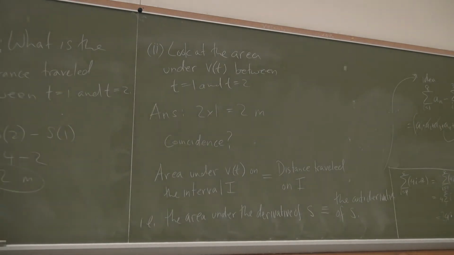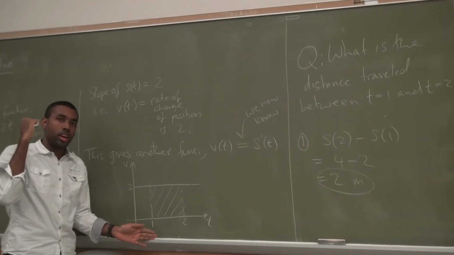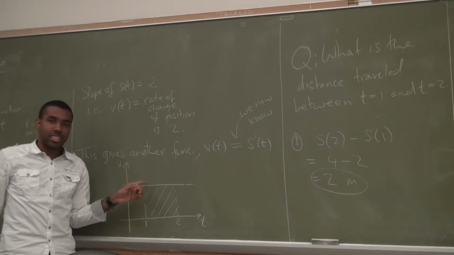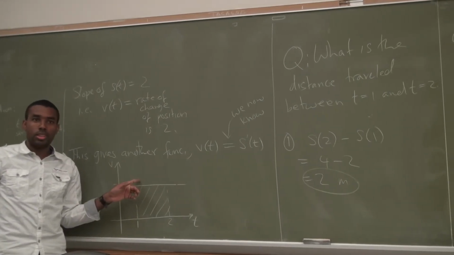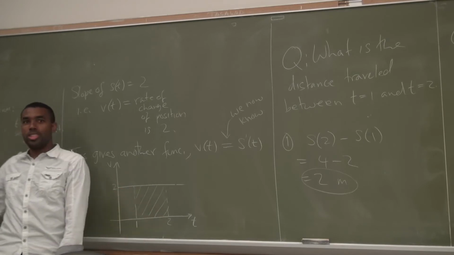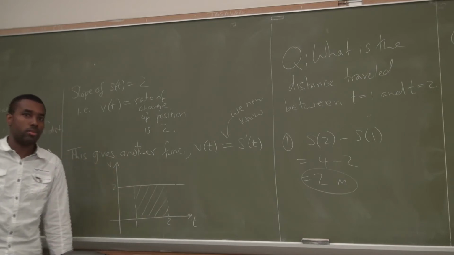So even if I didn't know about this function, and you only gave me the velocity, and asked me to tell you about the distance function, tell me about s, well, you can always know that if I look at the area here, it tells me about the function there. But what is the function over there? It's the antiderivative of this function. So somehow the area of a function is sort of equivalent to its antiderivative. We know that to get from v to s, we have to take an antiderivative.